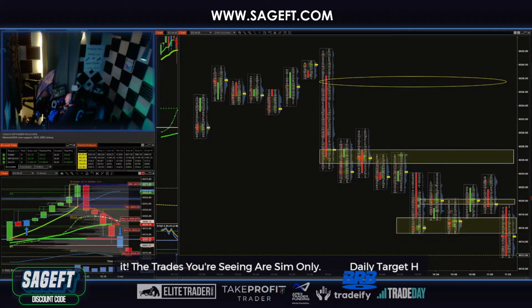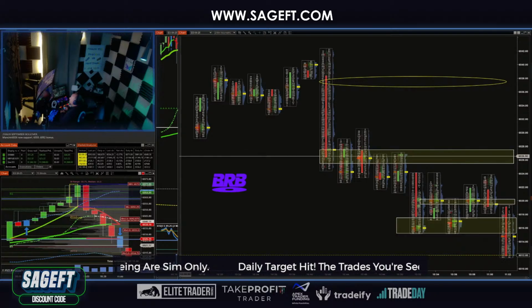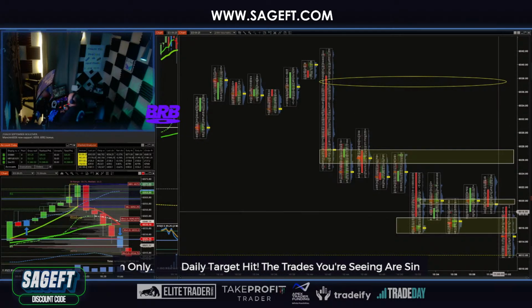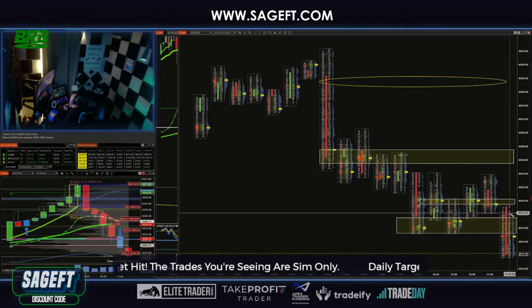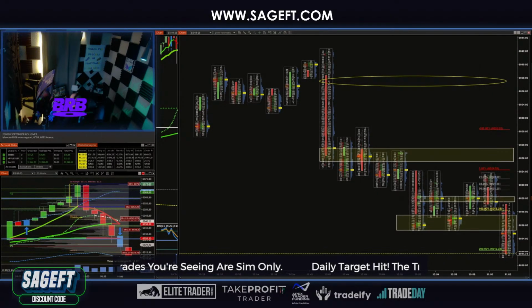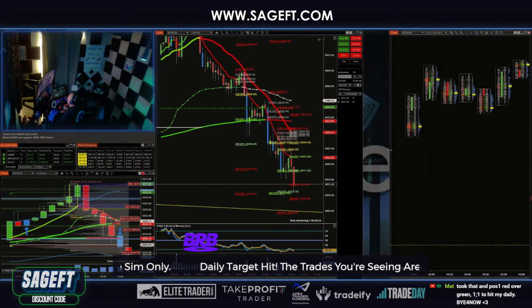There it is. So now why would we take that? Because it's the first red overtakes green after position one, which is the 20 goes through the 200.